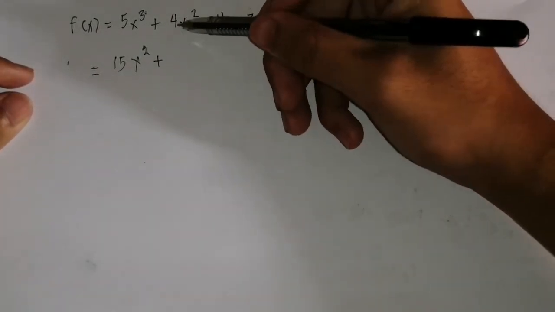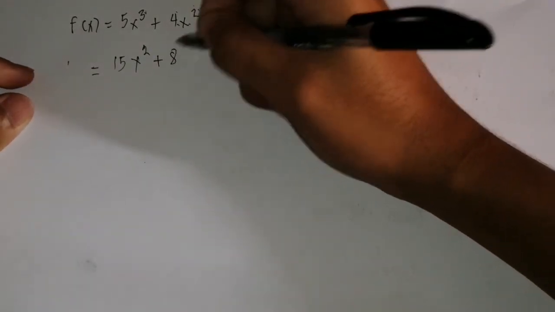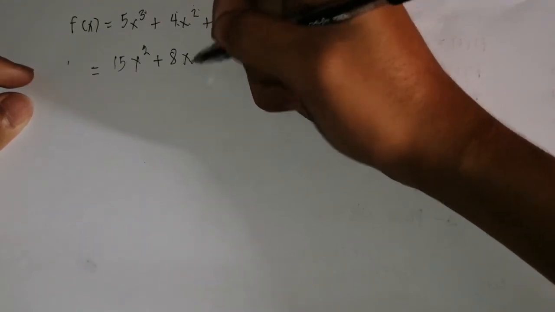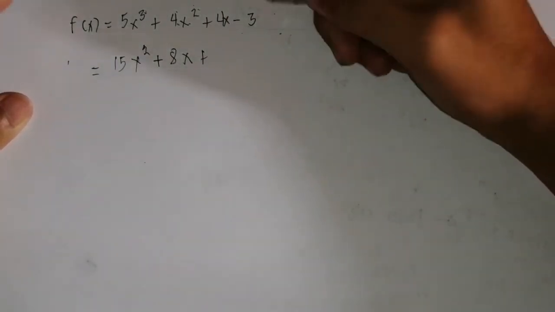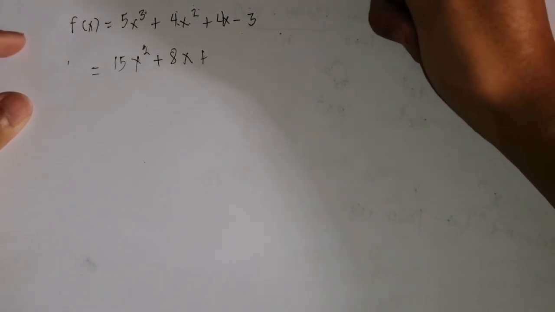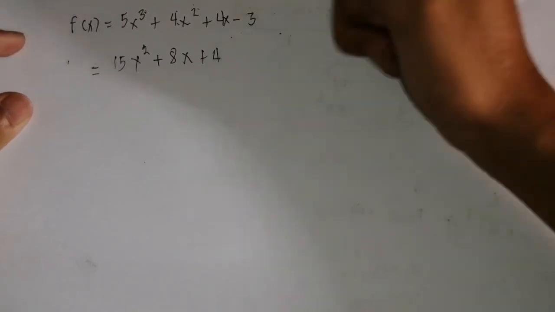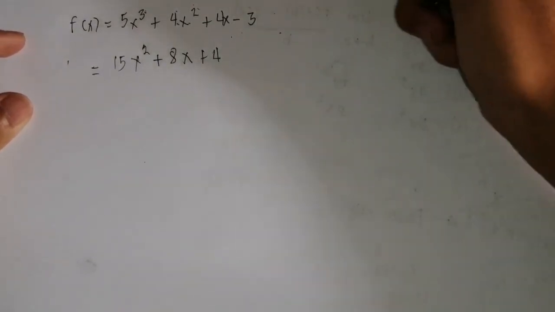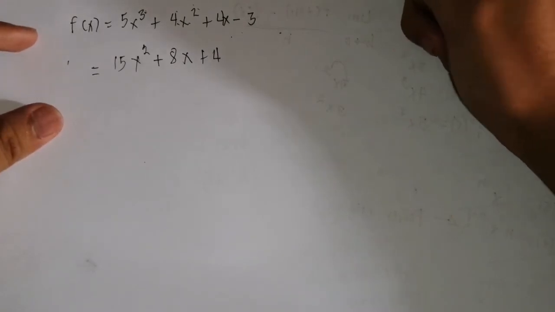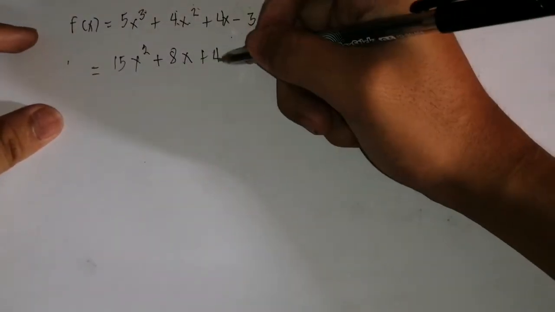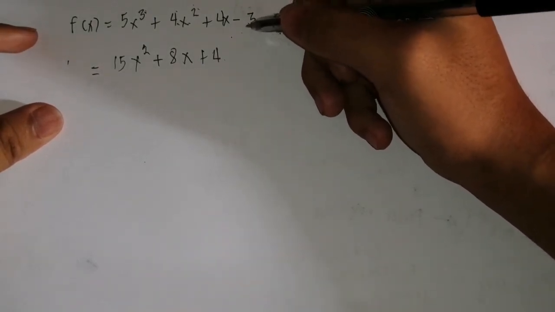Plus 4x squared, 2 times 4 is 8, then the 2, subtract one, so it is just x. Plus 4x, the 4x looks like this, and there is a visible 1 here. 1 times 4 is 4, then 1 minus 1 is 0, and anything raised to 0, x raised to 0, is equal to 1. So it became 4. Minus 3 there, since it is a constant, it became 0.